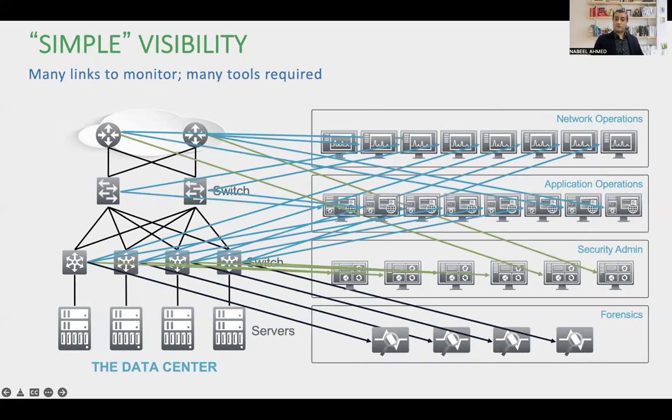Well, look at that. It increases more. So you have a lot of forensic tools and a lot of application operations tools. So that means all on the right side are monitoring tools. And these data center switches have to send the copies of the data to these tools for monitoring.